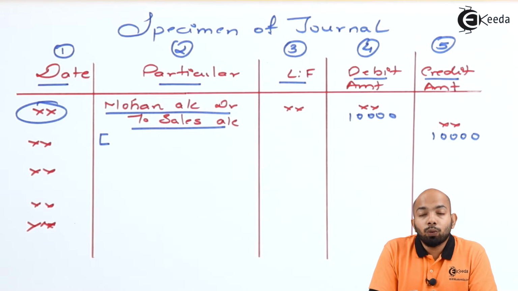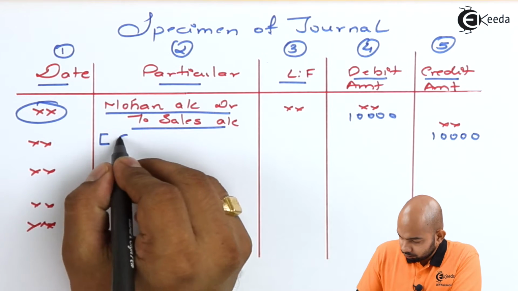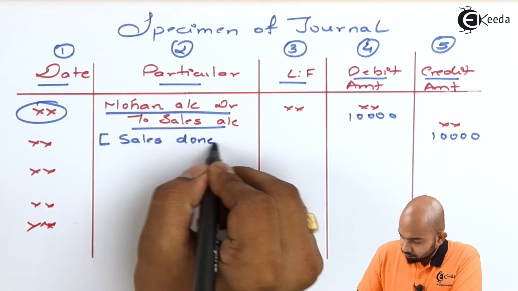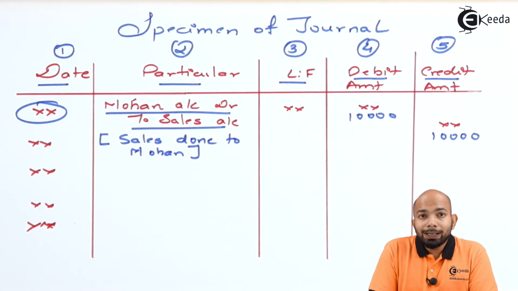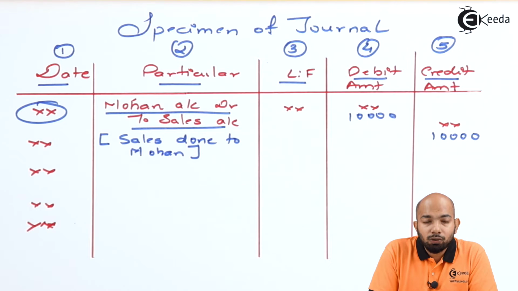Now we'll find out what is the narration that I was talking about. Narration is nothing, just to mention the gist of the transaction, which will be mentioned right below the transaction. This will be in this format itself, which will give you a clear idea about what this transaction was about, to whom it relates, and what kind of transaction it was.